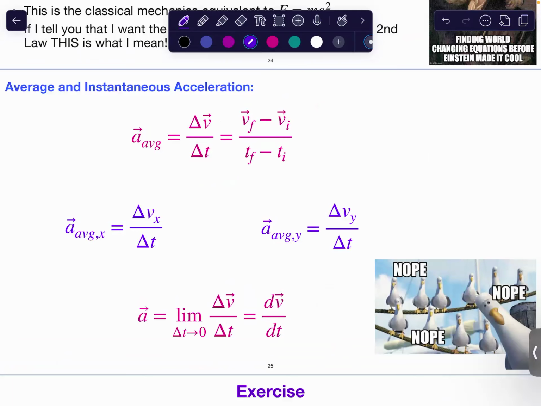So just like we had before, we also have instantaneous acceleration. I put this up here, and of course you can see you have your average acceleration, which is your vector subtraction of your final and initial velocities. Your average acceleration can then be broken into the x and y components.